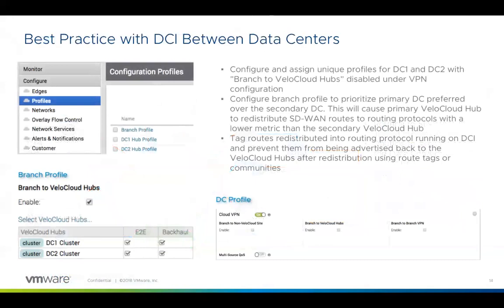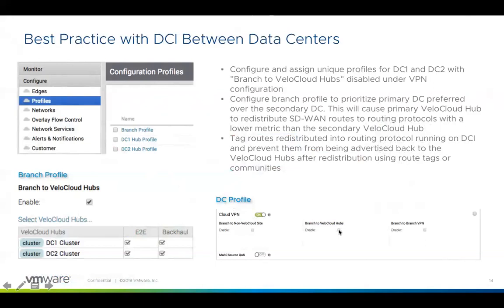So from a configuration standpoint, what's needed is a unique network profile for the specific data center hubs. So in this case, you can see all we have to do is create a unique hub profile for the two data centers, and then for Cloud VPN, we will simply not choose either.